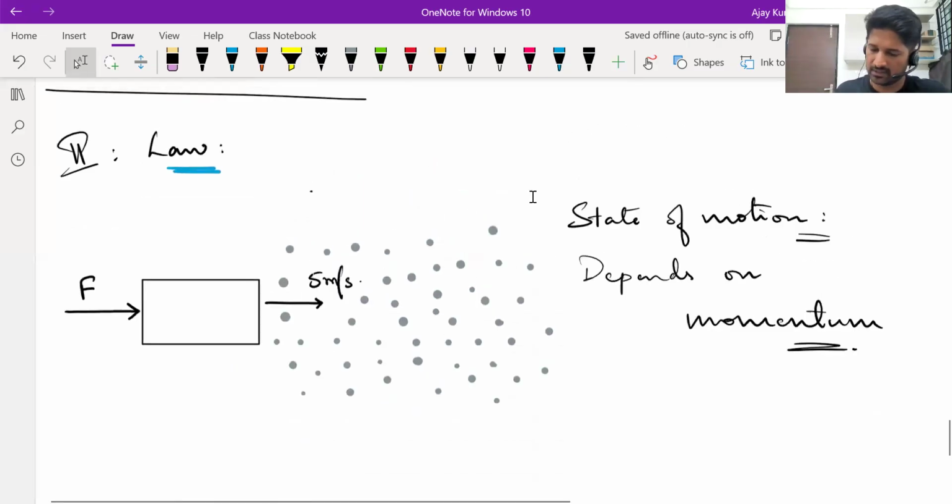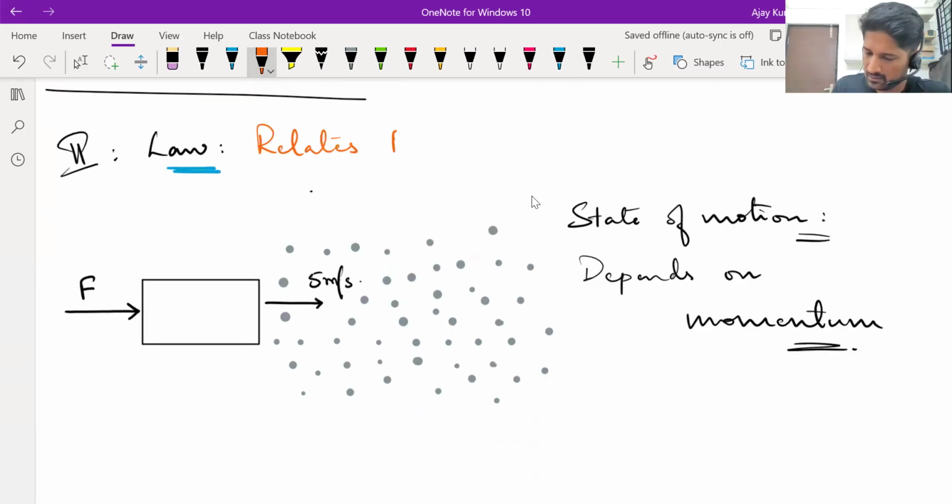Okay, I'll just mention it here. It relates force and momentum.